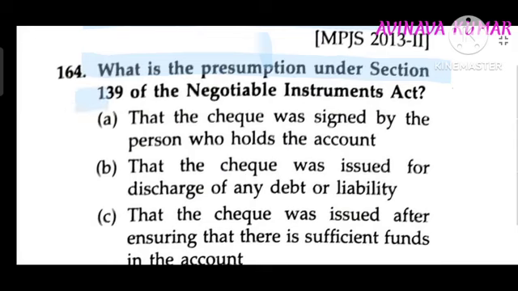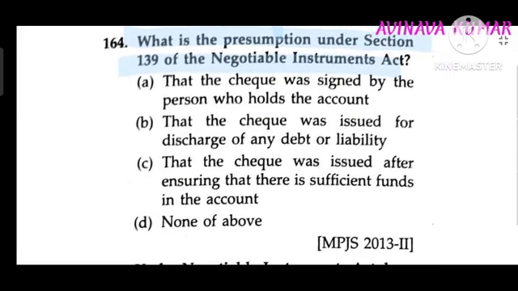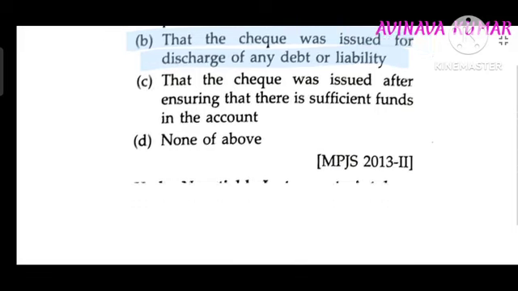What is the presumption under Section 139 of NIA? That the check was issued for discharge of any debt and liability.